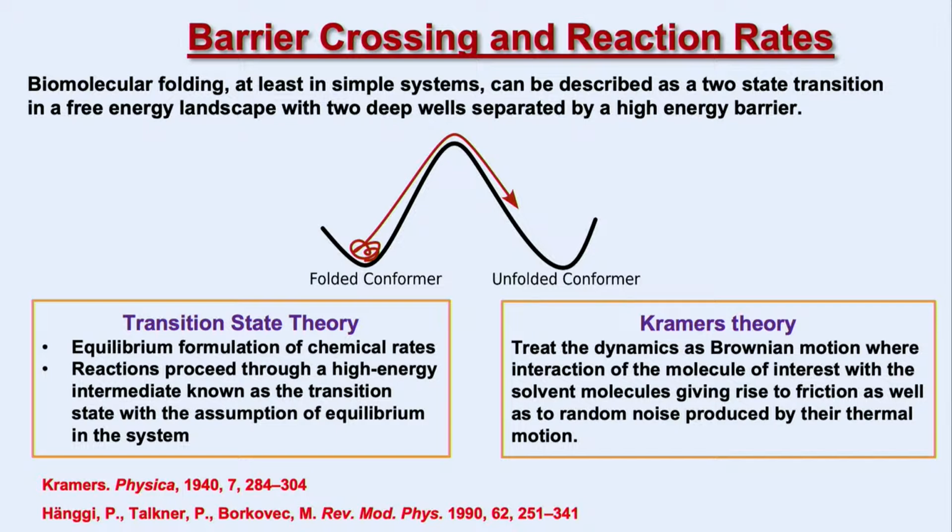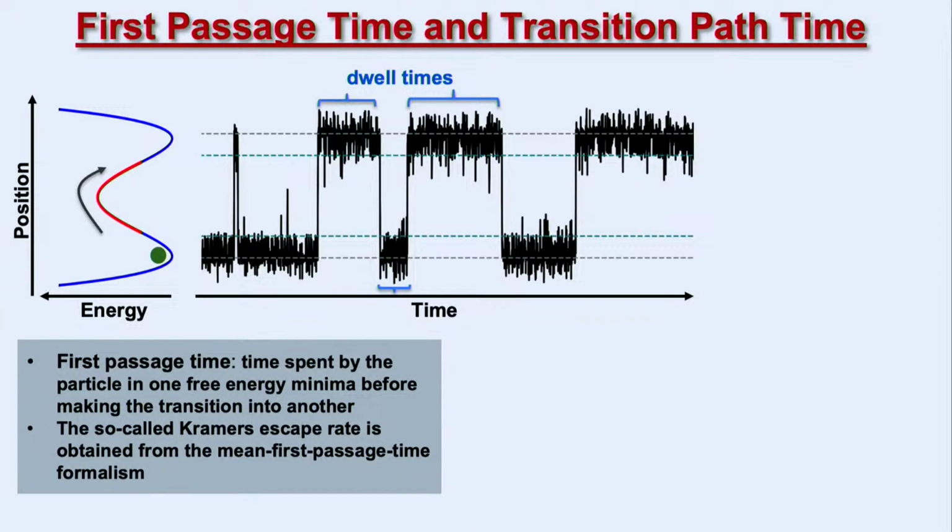Considering the reactant and product states, if the barrier height is much higher than the thermal energy, the particle will spend most of its time in these local states. The quantity of interest is then the first passage time, which is the time spent by the particle in one free energy minimum before it makes a transition into another.